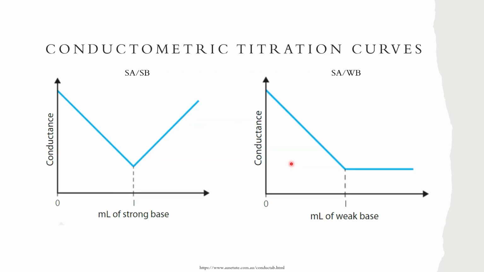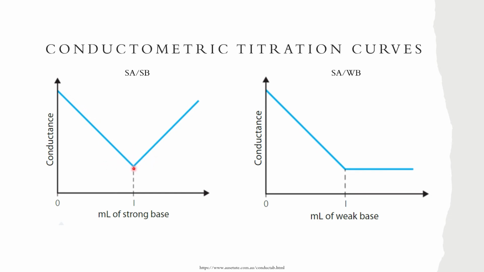When we react a strong acid and a strong base together, we have a very high conductance with the strong acid. Note as well that we're adding base, so we're starting with acid. We start with really high conductance because there are lots of hydrogen ions present. As the solution neutralizes, as we add more base, we see the conductance drop significantly. At the equivalence point, we will see the lowest conductance.